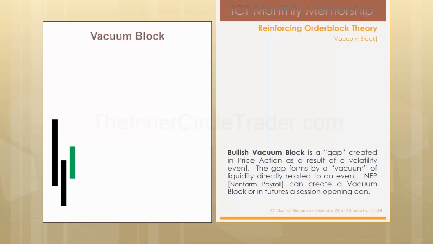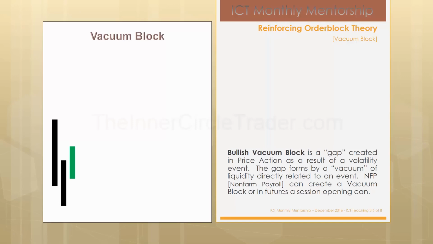It could be non-farm payroll. It could be an FOMC related event, anything along the lines of interest rates, or it could be a geopolitical event that was not foreseen, maybe not even on the economic calendar, say a terrorist attack, something of that nature.